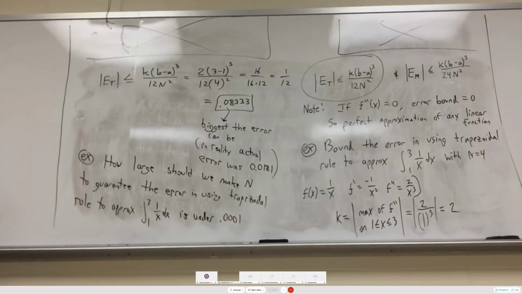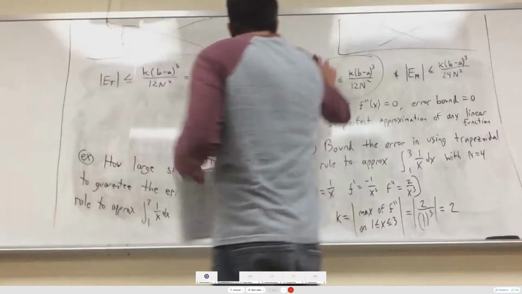I say there's no such thing as a calculator. I just need to know that the error is less than that, and then I'm happy. Okay, so we're going to work it out on the other side.